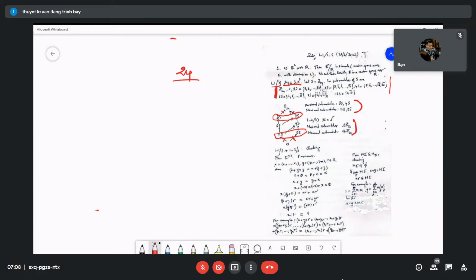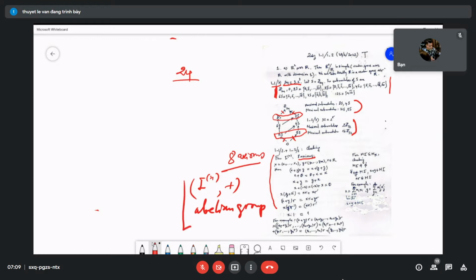And the last one is only checking. The first is checking each axiom. Many people forget to say that I power n with plus is an abelian group. You should say about this.